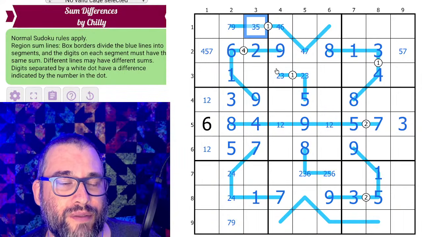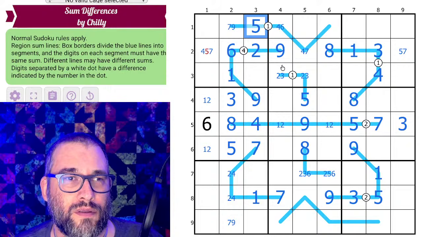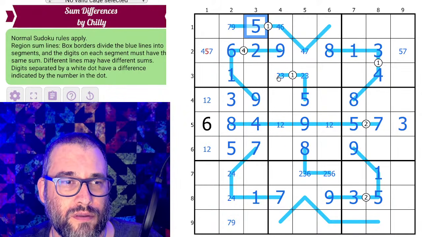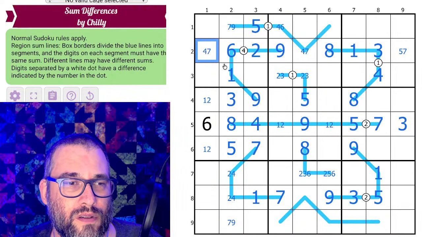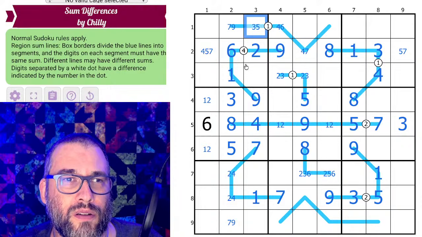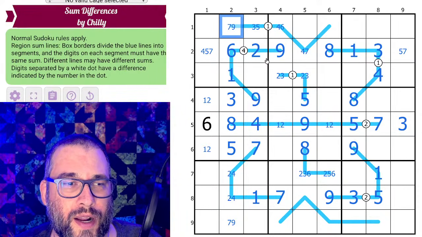I guess this is never 3. No, it could be 3 with the 9. I don't know what I was thinking.